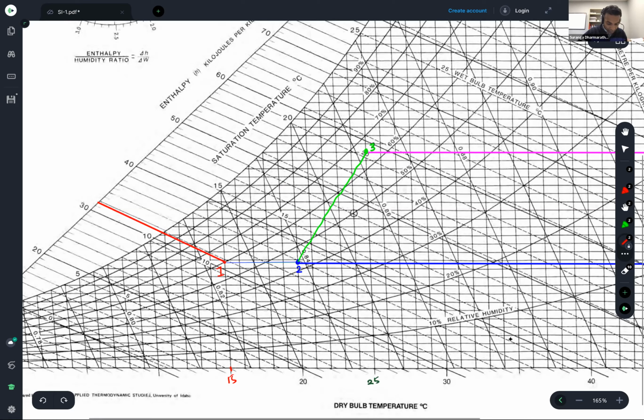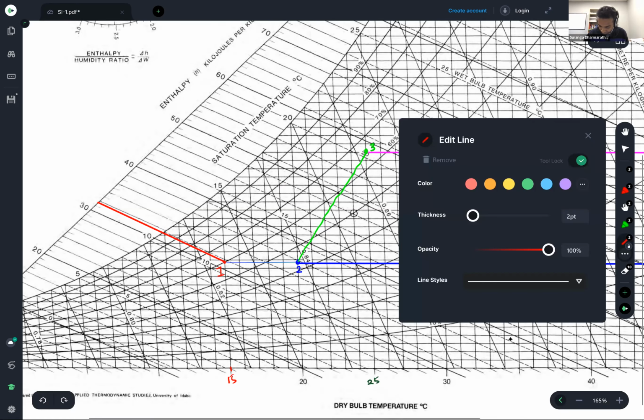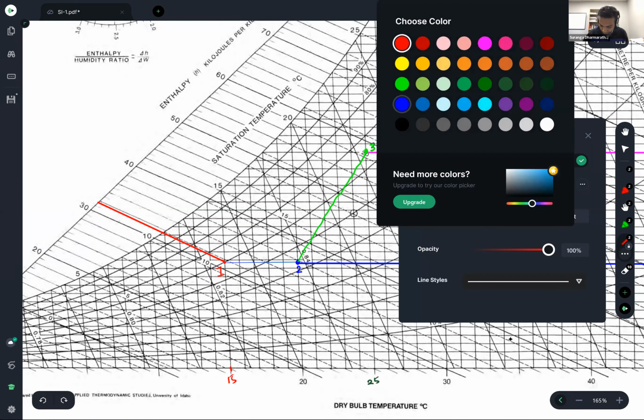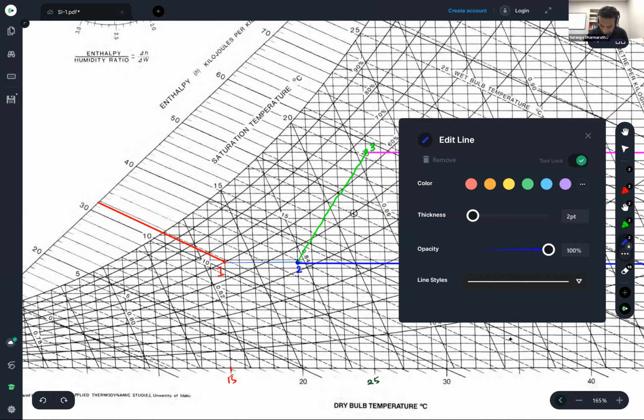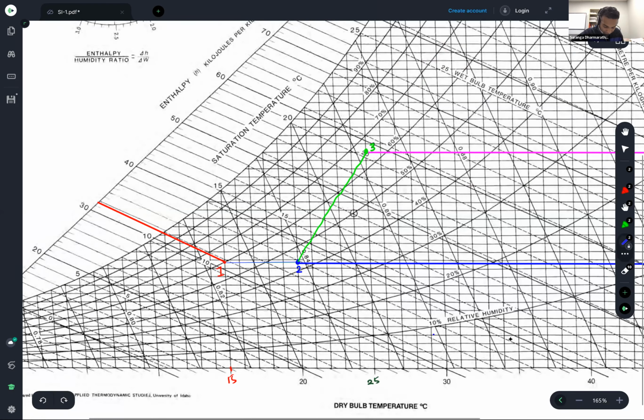Right here, so it's close to 32: this is 30, 31, 32, very close to 32. And I take another line from here, parallel to these lines.